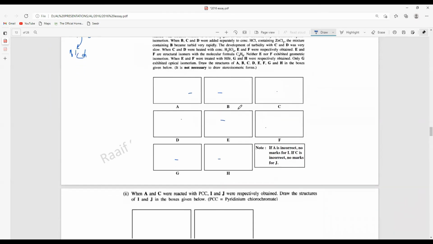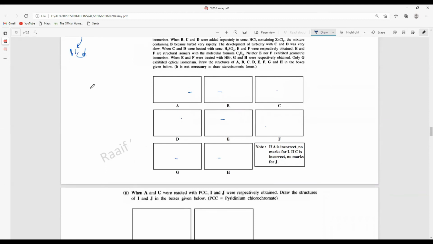So what is A here? So we know that A was a chiral center like this. So one of these should be OH, and there was hydrogen, and there was CH2, CH3. So when you use PCC for A, you can see there is an oxidation that is happening.